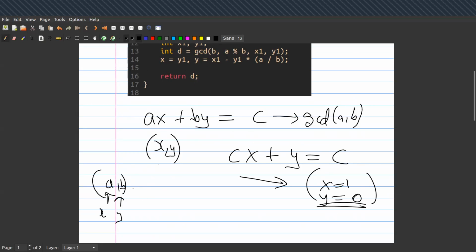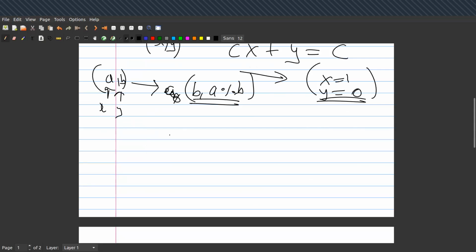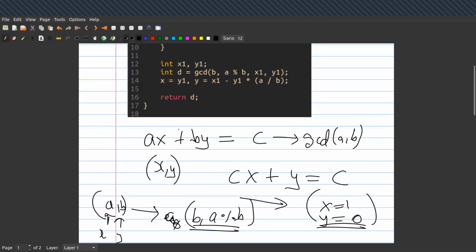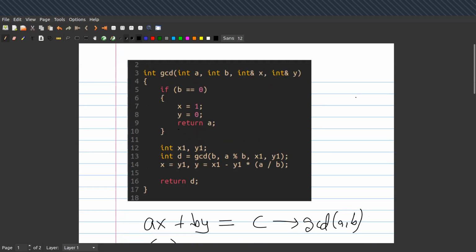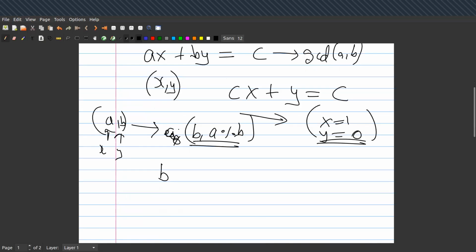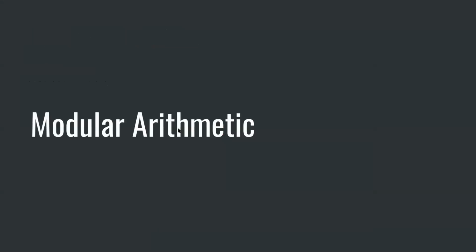So if we move from a comma b and try to write it as b comma a mod b, so that will be basically equal to... wait a minute, let me just explain this after the modular arithmetic part, and this will be more understandable to you all. So let me just start with the modular arithmetic part now, and I will explain this after that. Okay, cool.